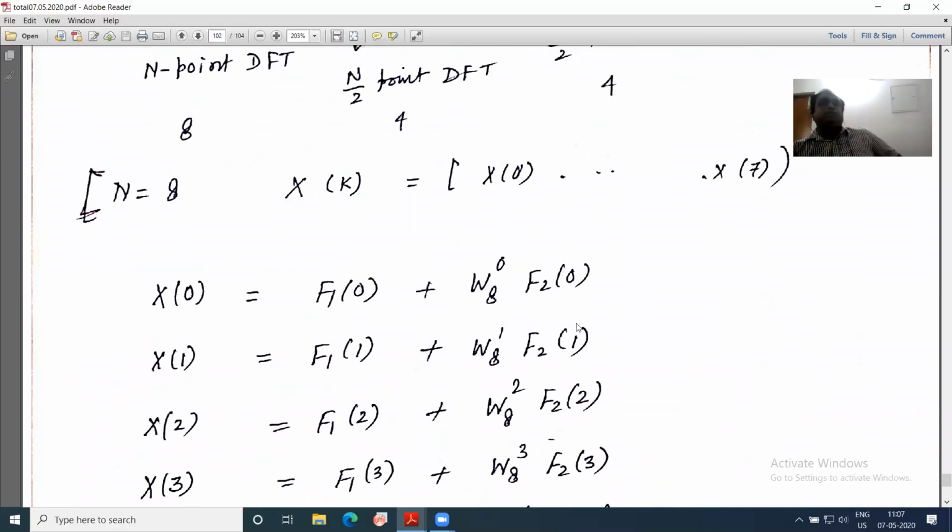So what have I obtained? V11 of n will be x0, x4, and V12 of n will be x2, x6.